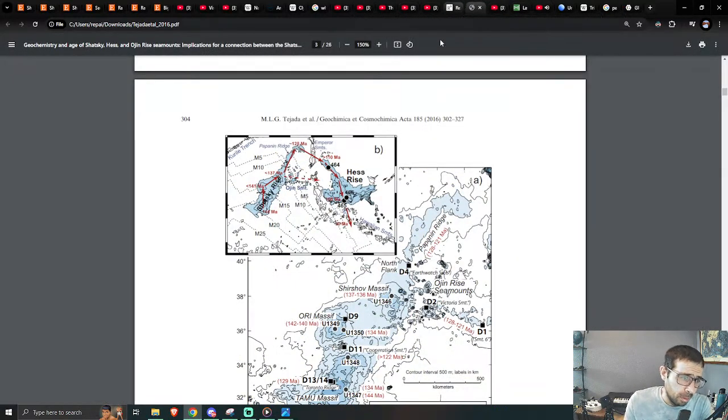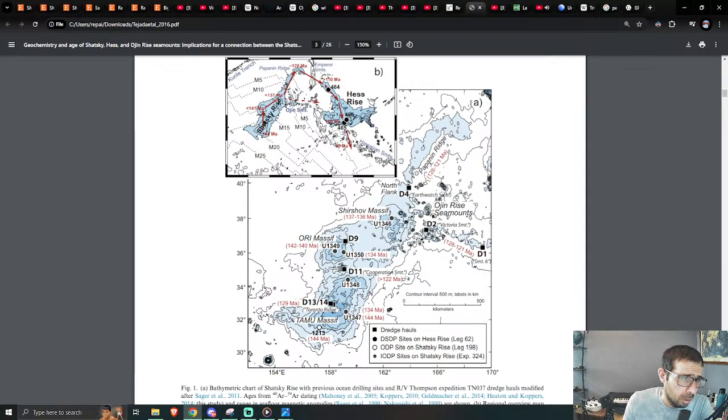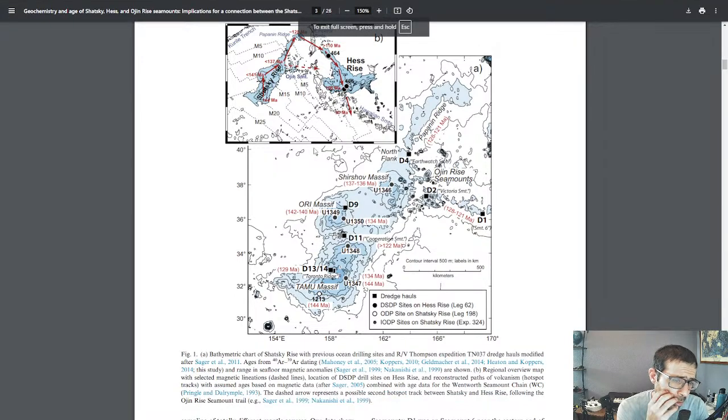I was also thinking like Hess Rise, this is all done by 90 million according to this, but it starts around 145.